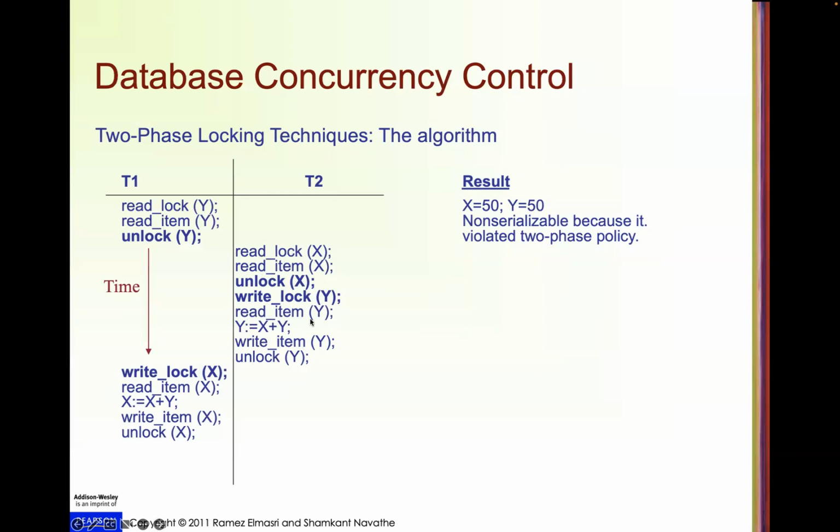And then read the item Y. Remember the initial values of X and Y were 20 and 30. So here Y is equal to 20 plus 30, and then write the item Y. So 50 for Y, and unlock Y. Then a write lock is obtained on X, because X is unlocked, so T1 can acquire a write lock on X. It does a read operation on X. X is equal to X plus Y. X plus Y is how much?